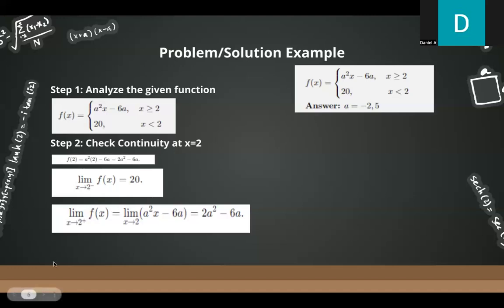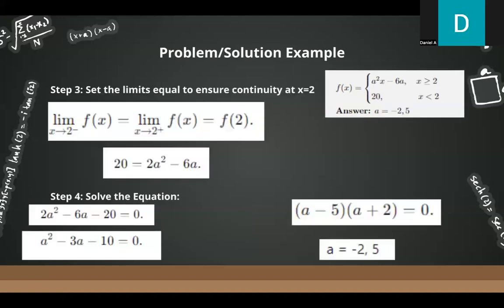Therefore, the limit as x approaches 2 from the right of f(x) equals the limit as x approaches 2 of a to the power 2x minus 6a, which equals 2a to the power 2 minus 6a. Now we shall go to step 3, which is to set the limits equal to ensure continuity at x equals 2. For f to be continuous at x equals 2, the left-hand limit, right-hand limit, and the function value at 2 must be equal.